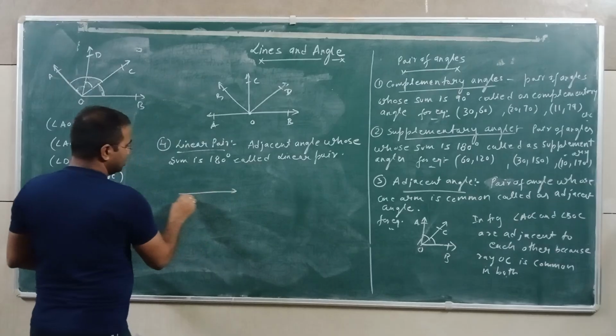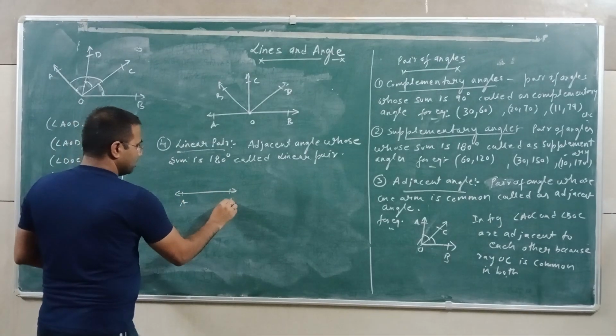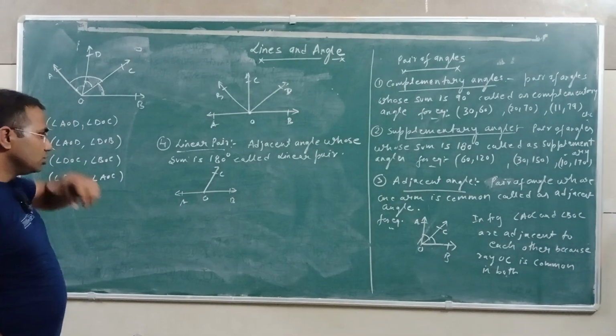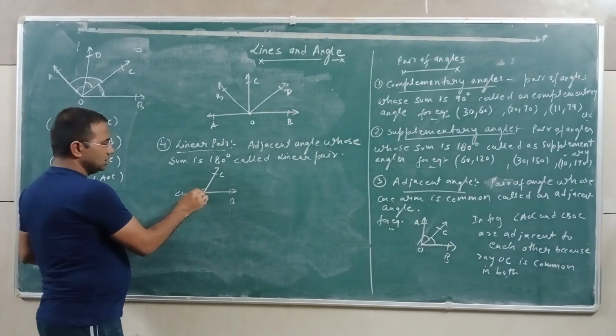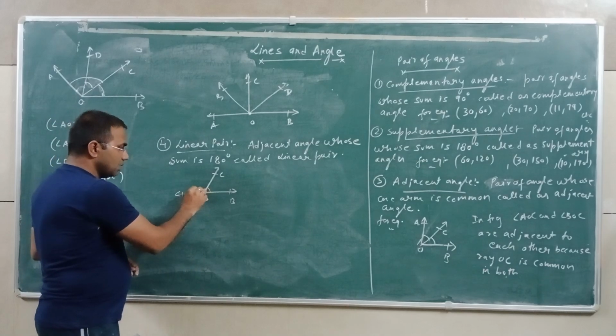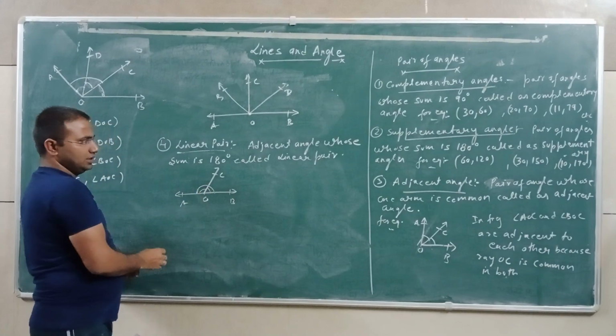Suppose a figure is there with A, B and OC. You can see this angle and this angle are both adjacent, and the sum of both will be 180 degrees.